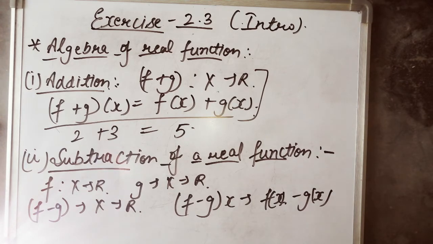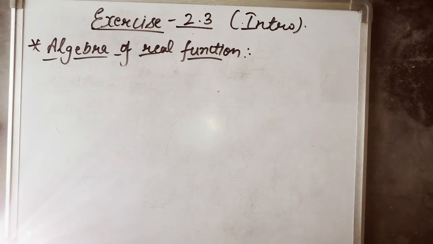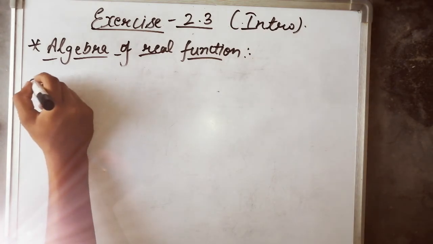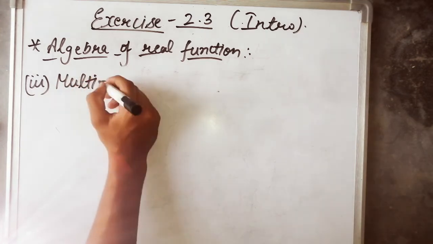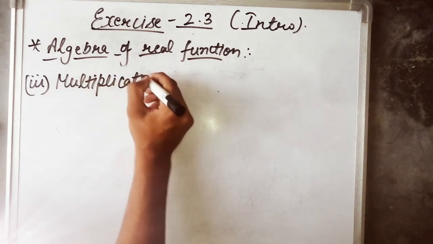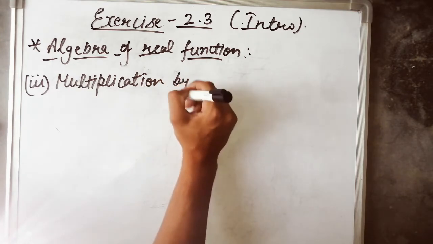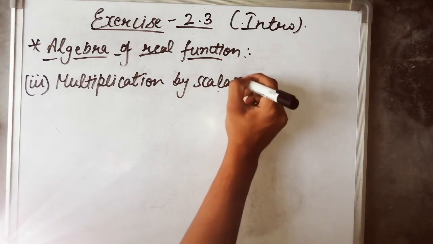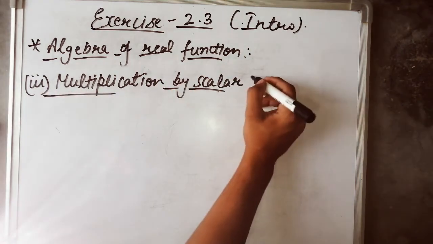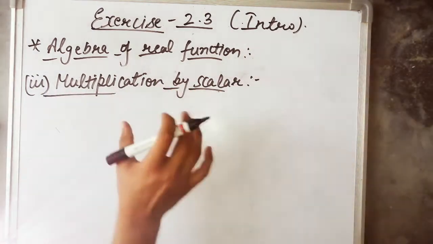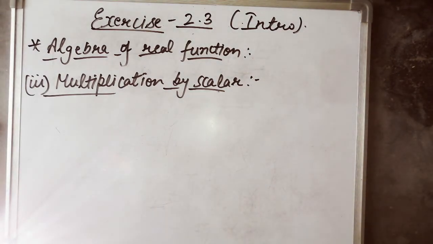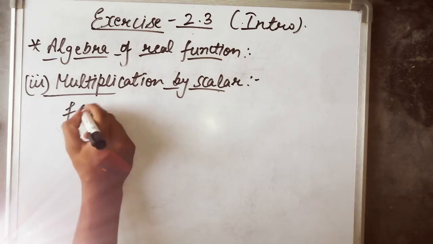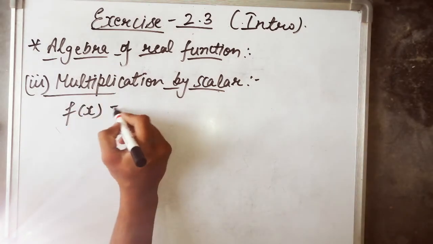Okay, let's talk about multiplication by a scalar. Multiplication by a scalar means that a function is multiplied by a scalar simply. There is nothing long in this. Suppose that the function is f x and f x is equal to y.